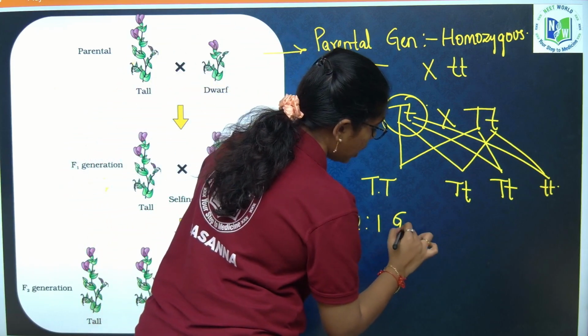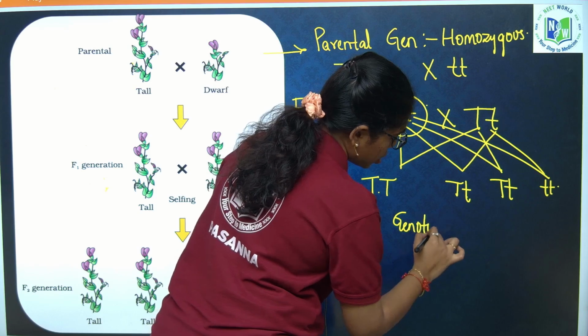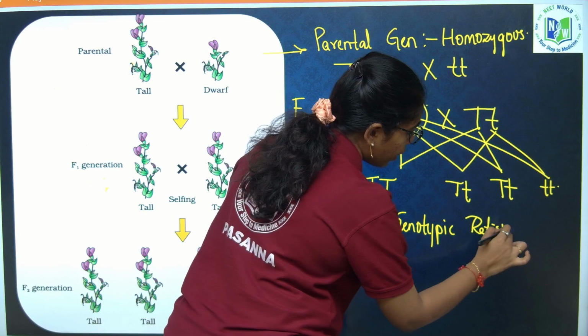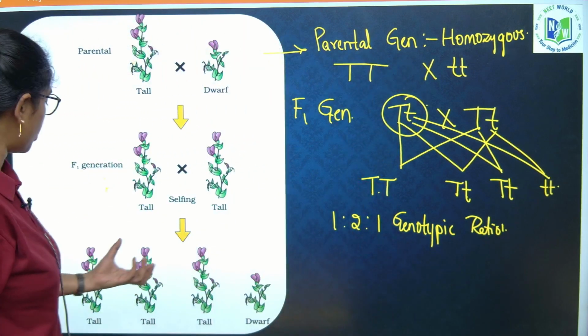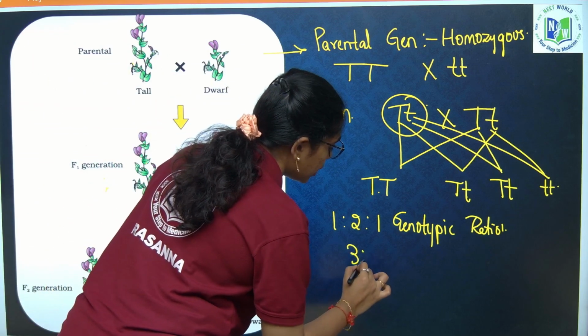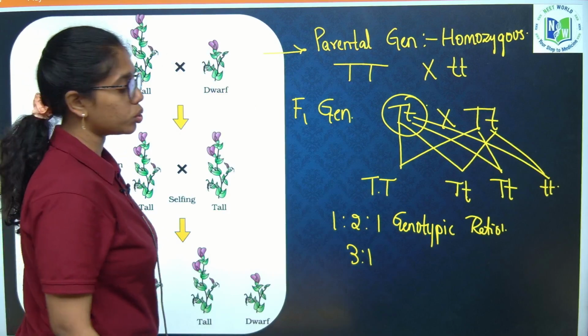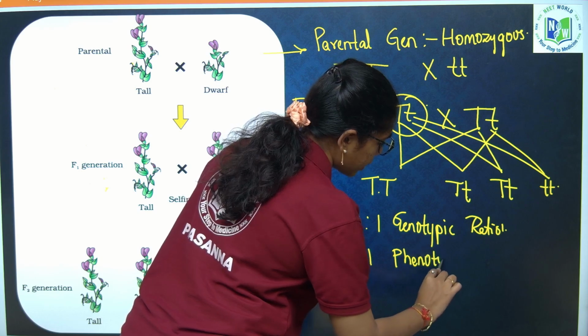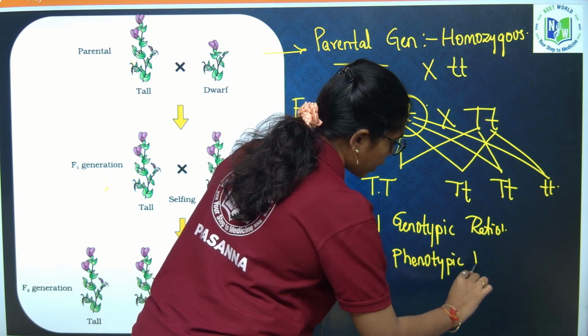This is the genotypic ratio. And for phenotypic, the morphological appearance, 3 are tall and 1 is dwarf, that is 3:1. That is the phenotypic ratio.